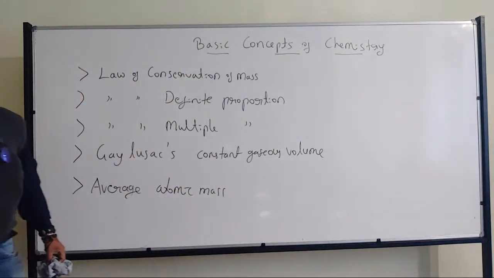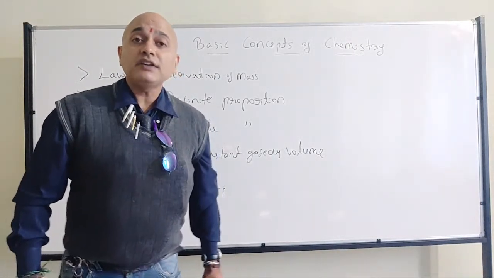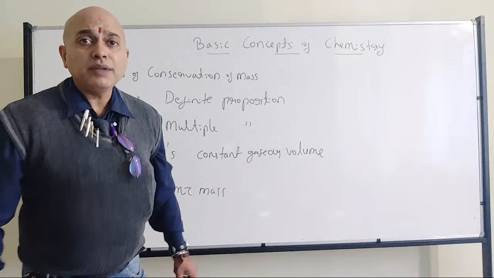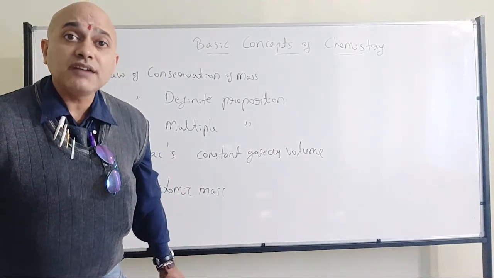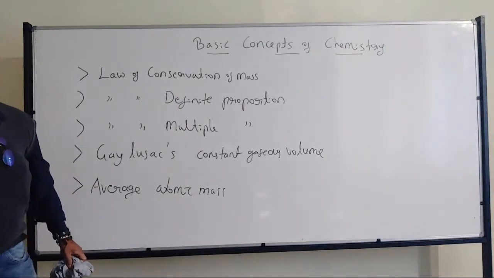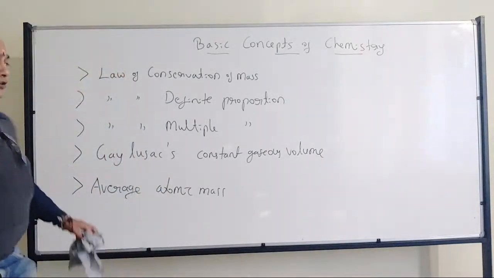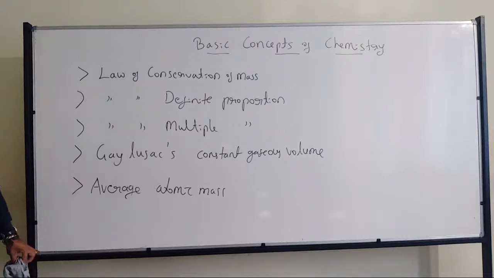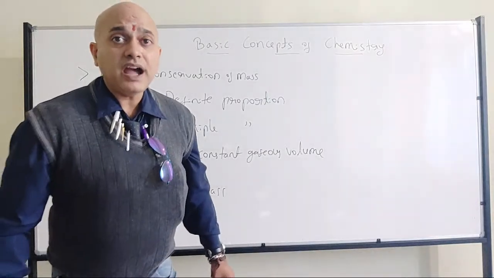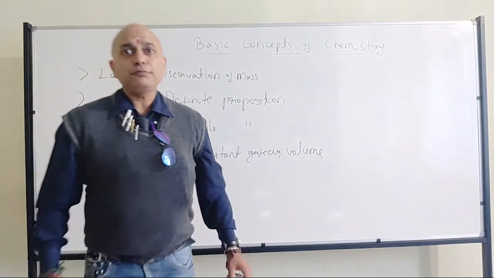So the percent appearance in nature is also considered when calculating the atomic weight or atomic mass. That's why it is called average atomic mass. How much each isotope is present in nature is included in the calculation. For example, carbon 12 is nearly 99%, that is 98.8%.